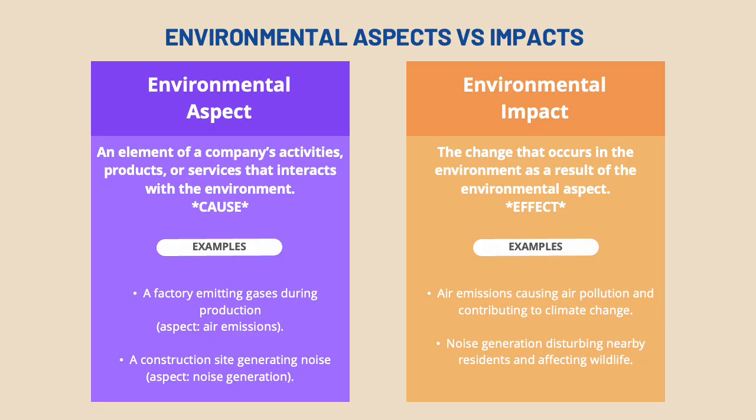For example, if air emissions are identified as a significant aspect, the company can set goals to reduce that aspect, by minimizing its negative impact on air quality and climate change.